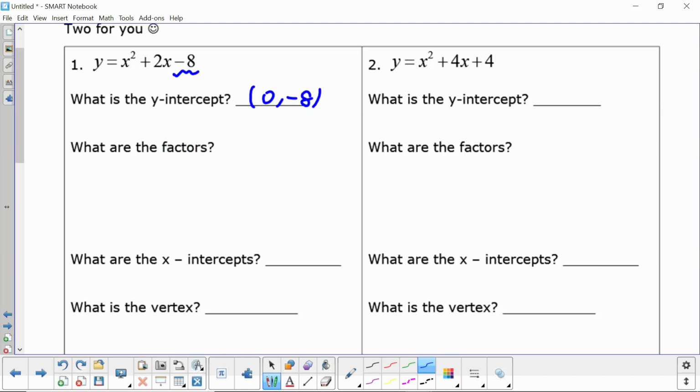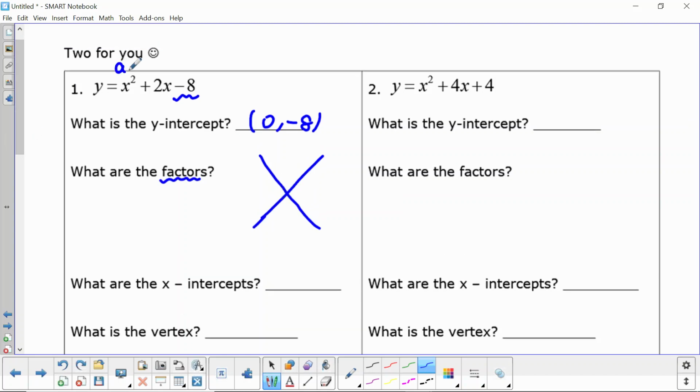What are the factors? Whenever you see factors, play the X game. For the X game, you need to determine the A, B, C values. A: no number in front of x squared means it's 1.